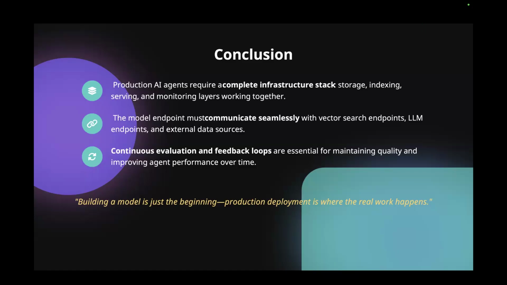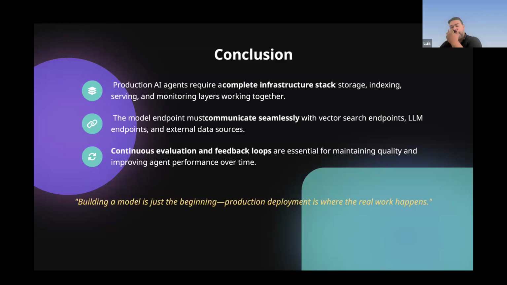You said model endpoint, right? It got me confused that an LLM is a model itself, but this model endpoint is essentially the agent endpoint, which encompasses everything that you talk to, right? The vectors and LLMs and any other things. Yes, just remember, like I said before, when you think of Databricks, it's not just AI agents.